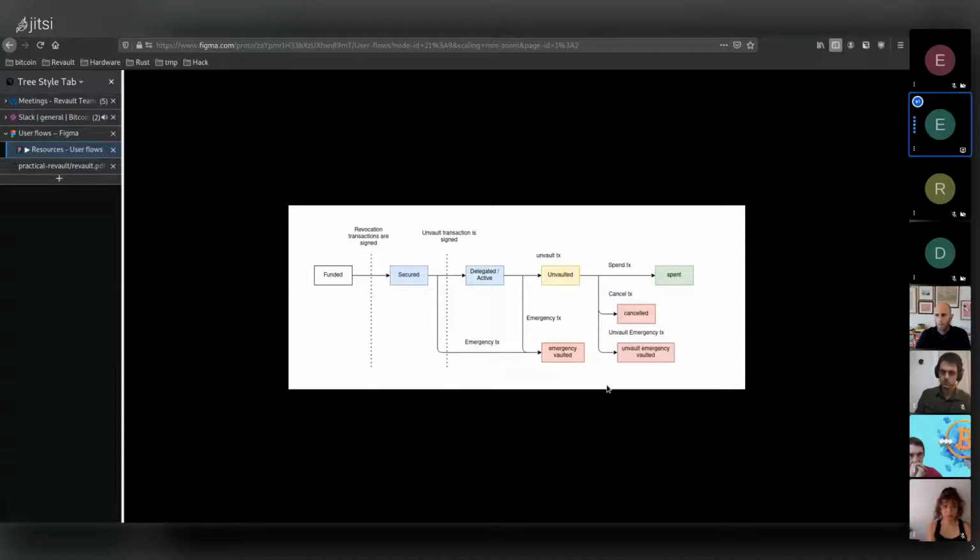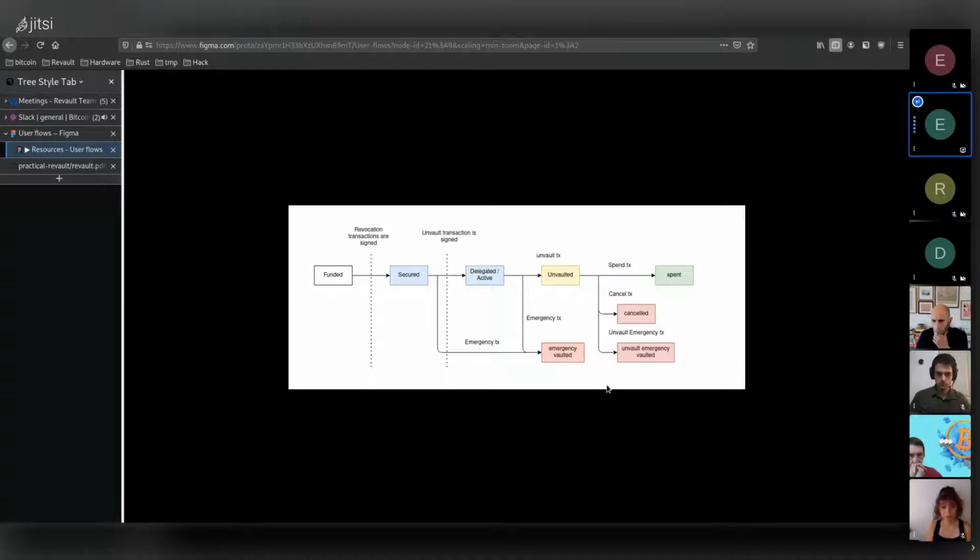The act of securing is the act of signing the pre-signed transactions. The pre-signed transactions are transactions that can spend the UTXOs that are deposited in the big multisig of the stakeholders.